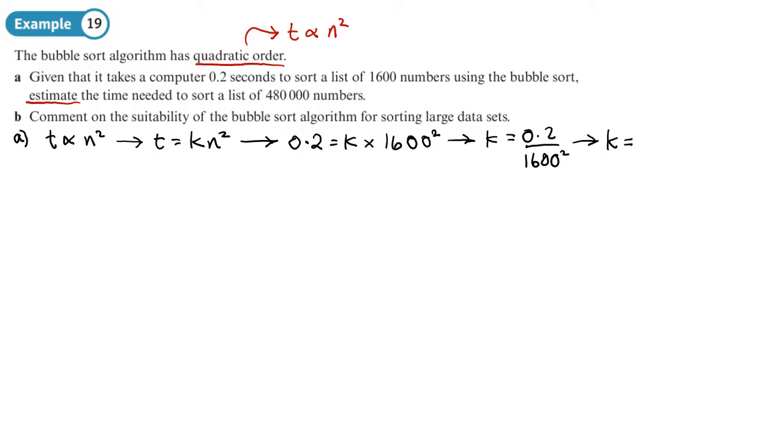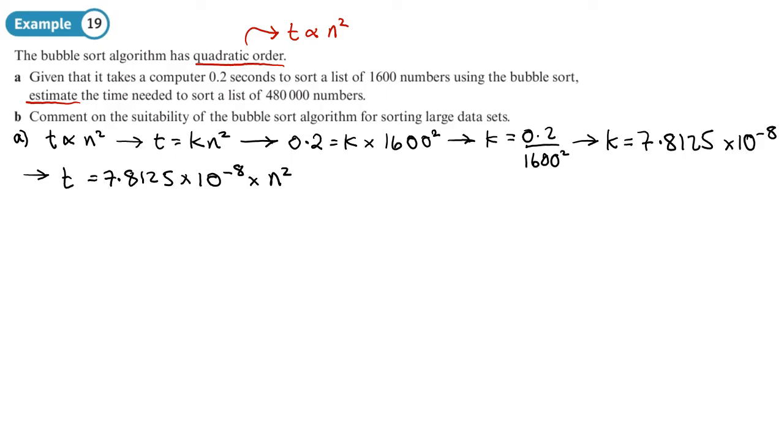So that gives us a value of k of 7.8125 times 10 to the power negative 8. So our proportion relationship becomes the time is equal to 7.8125 times 10 to the power negative 8 times the number of numbers squared.